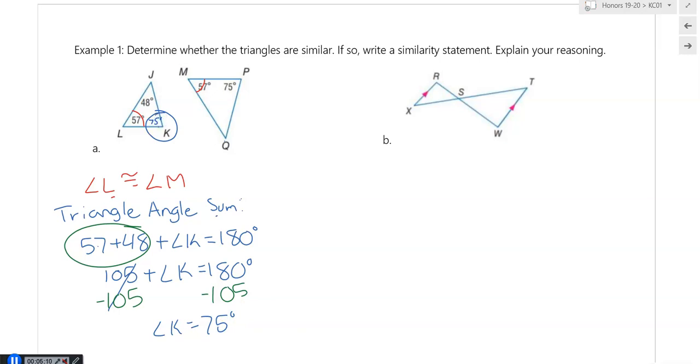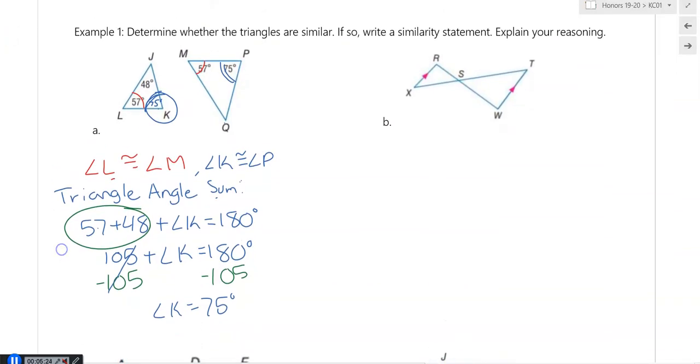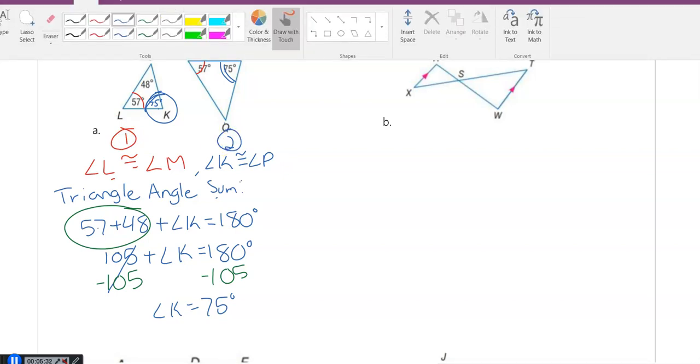Hey, look at that. Now this angle and this angle are the same. So I can say angle K is congruent to angle P. That's nice. One angle, two angles. Fabulous.